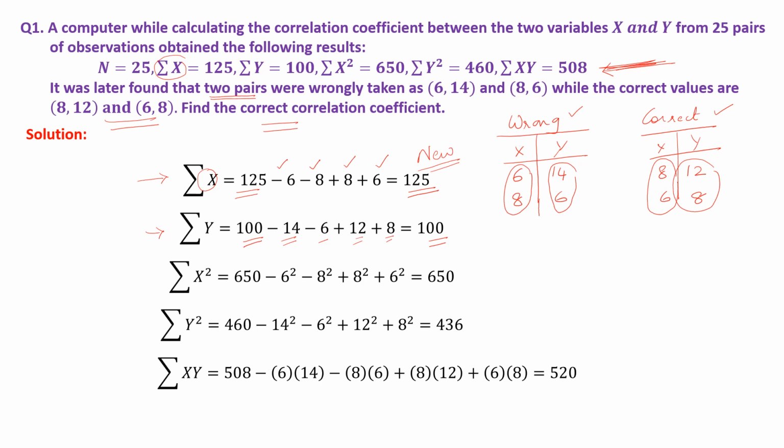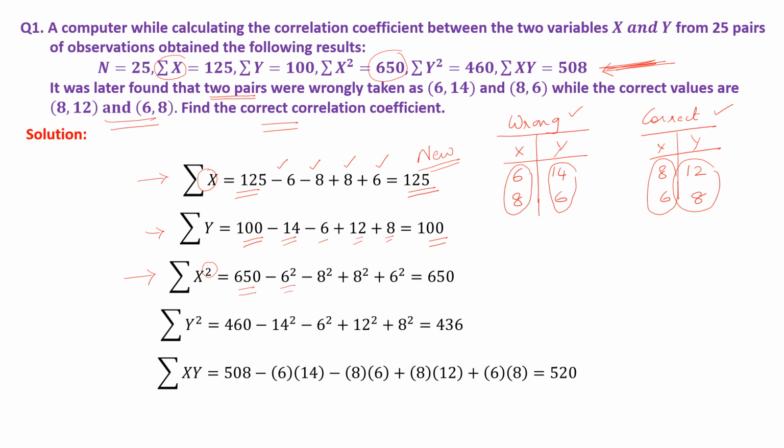Moving to the next summation value, it is sigma x square. Sigma x square is given to be 650. So we write that 650. What should we subtract? We should subtract the squared wrong values of x. So we are going to square the wrong values. So it will be 6 square and 8 square.